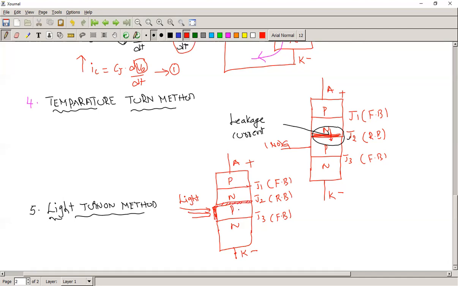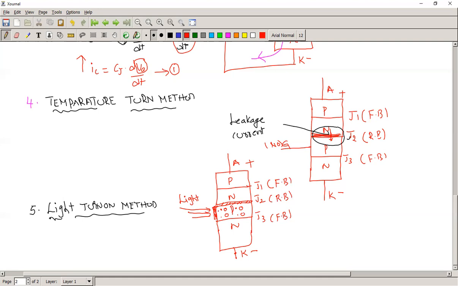Now, if we decrease or vanish the junction J2 by means of charge carriers, by moving the charge carriers within the device, then the junction J2 will vanish. So how do we get those charge carriers? By injecting light into the inside of the P region. Whenever we inject light inside the P region, due to the radiation, electron and hole pairs will be generated.